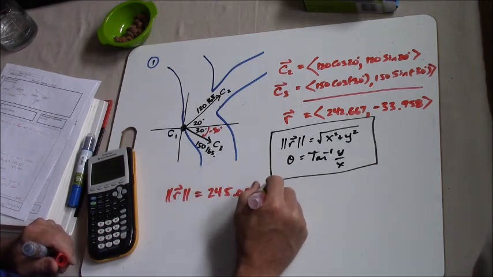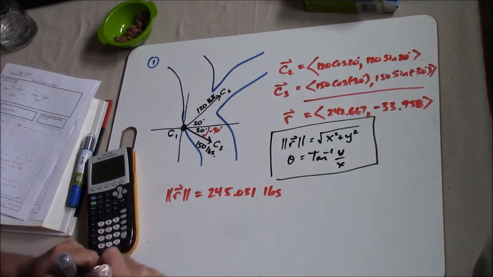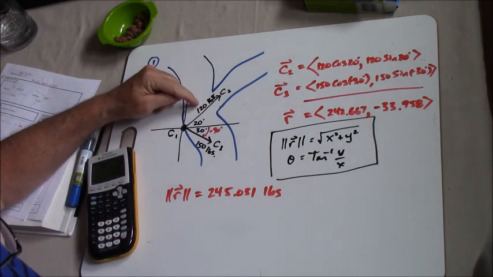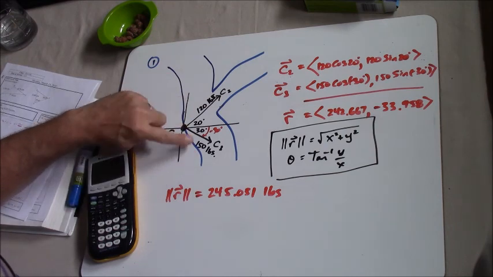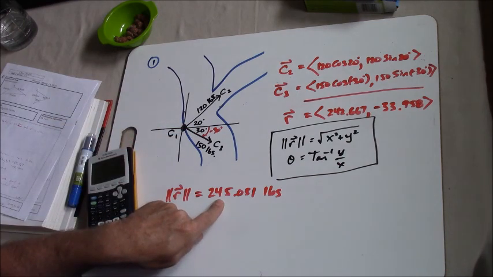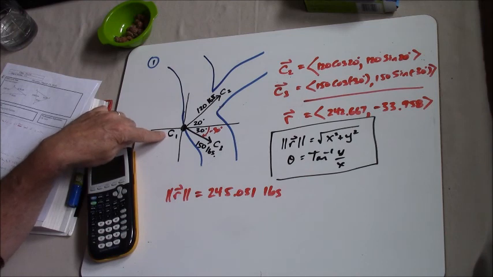So now you can see why you'd hook up two cars. This car can pull with 120 pounds, this car with 150, and so together, based on the angles they're pulling, that's the net result. We get 245 pounds of pressure pulling this car out of the ditch.